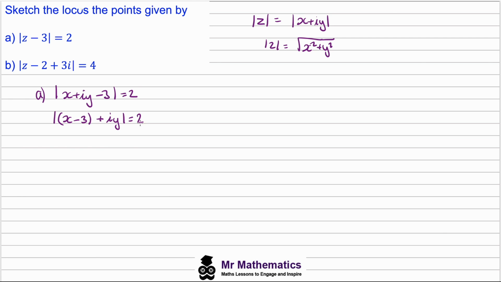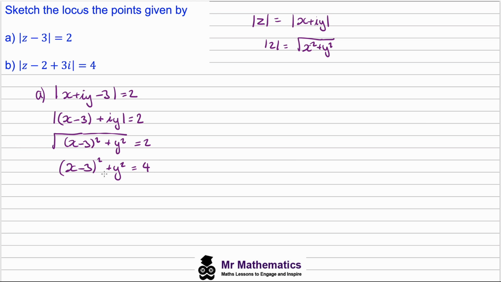And then from this form, we can Pythagorize this using this property. So the magnitude will be the square root of the real part, x minus 3 all squared, plus the square of the imaginary part, and this will equal 2. Now we can cancel out this square root by taking the square of both sides. So we've got x minus 3 squared plus the y squared will equal 2 squared, which is 4.